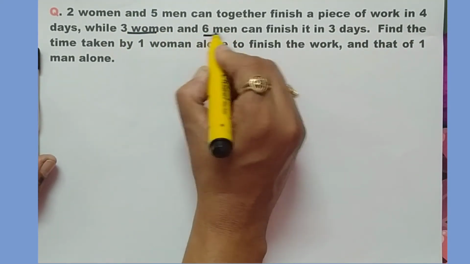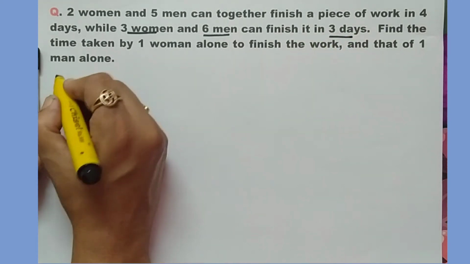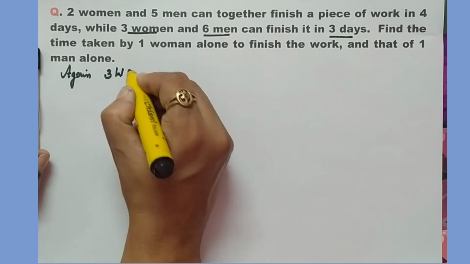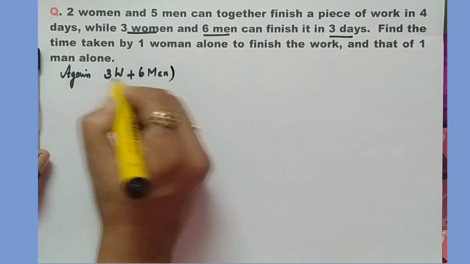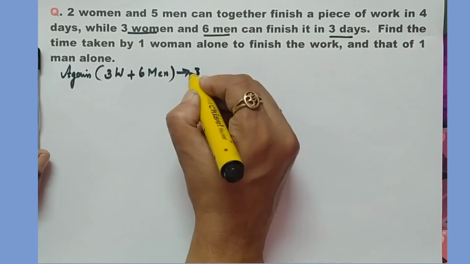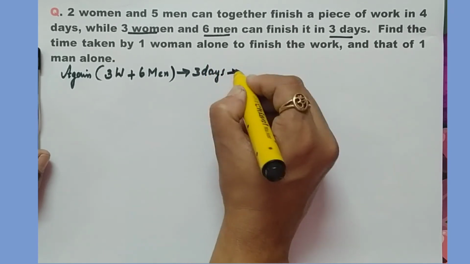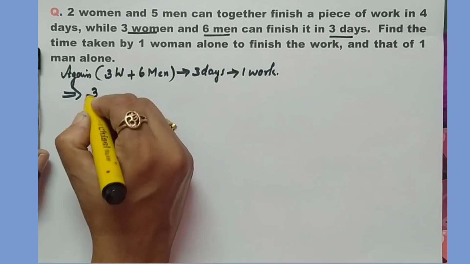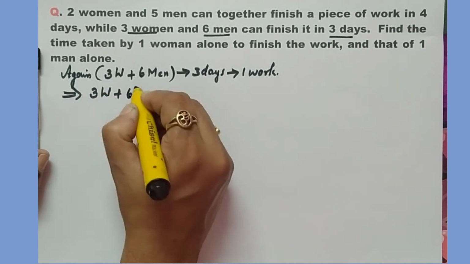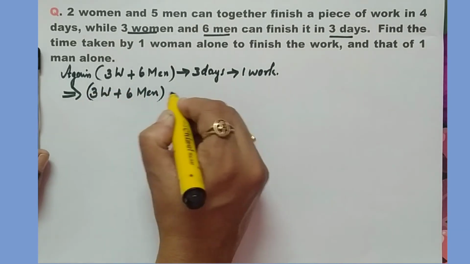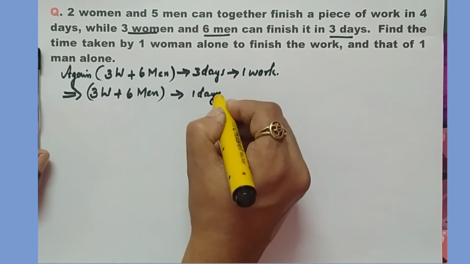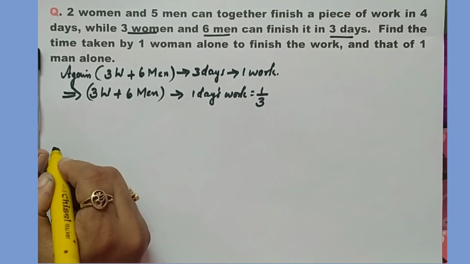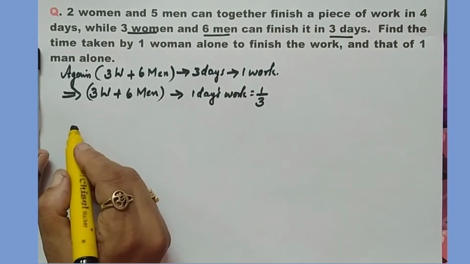3 women and 6 men can finish in 3 days. Again, we are given 3 women and 6 men can complete a work in 3 days. 3 days, 1 work they can complete. Which implies 3 women plus 6 men's 1 day's work equals 1 by 3, because dividing by 3 on both sides.